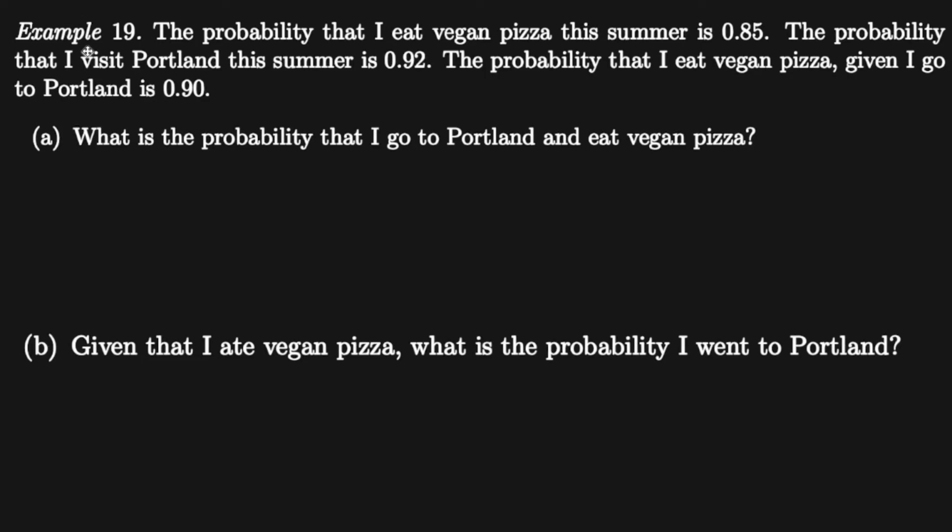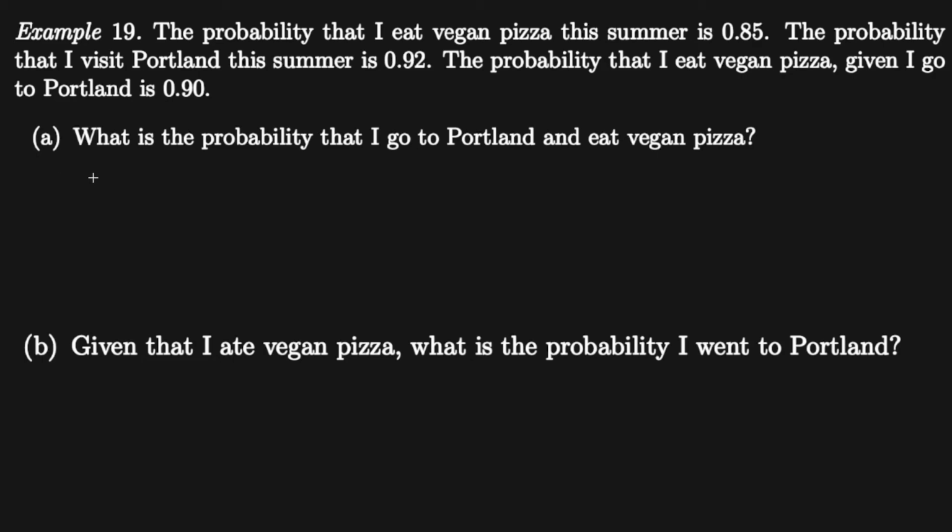It says the probability that I eat vegan pizza this summer is 0.85. The probability that I visit Portland this summer is 0.92. And the probability that I eat vegan pizza given I go to Portland is 0.9. So part A is asking what is the probability that I go to Portland and eat vegan pizza?